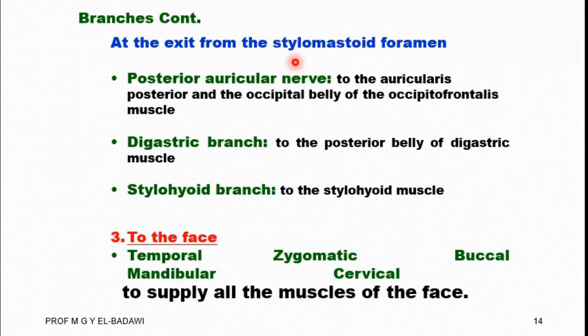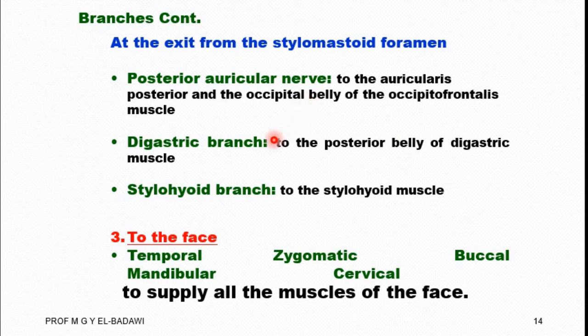At the exit from the stylomastoid foramen, behind the ear, it gives the posterior auricular nerve, which supplies the auricularis posterior, superior and inferior, and the occipital belly of the occipitofrontalis muscle.